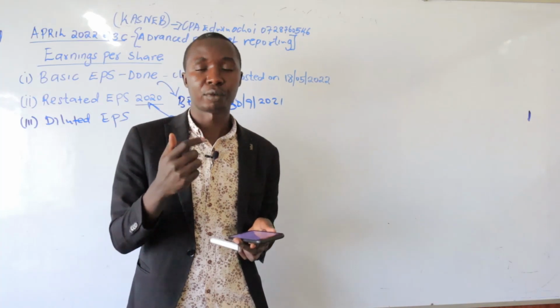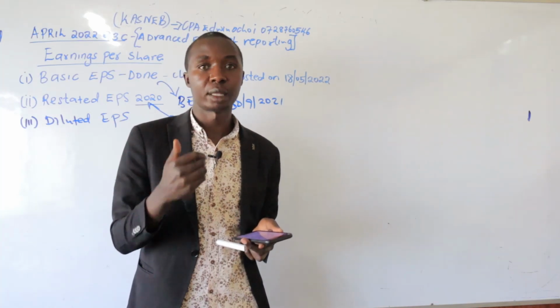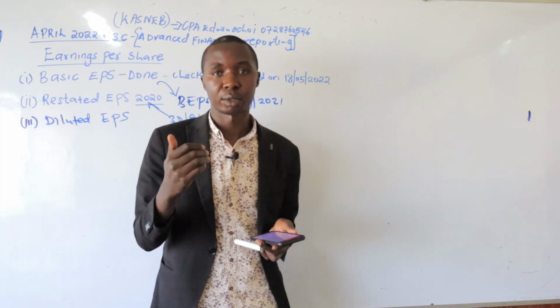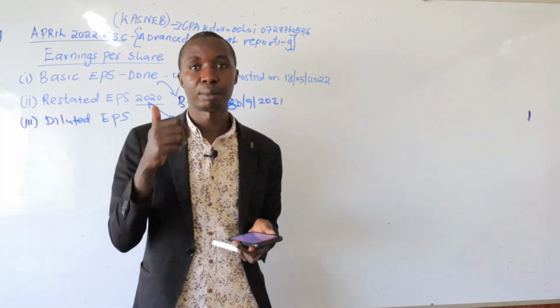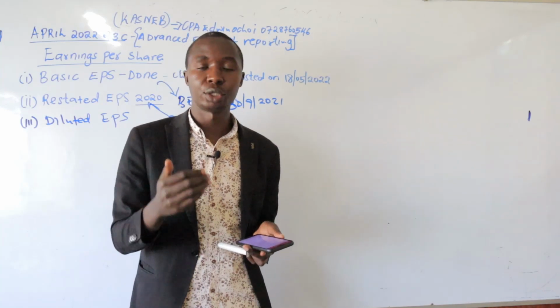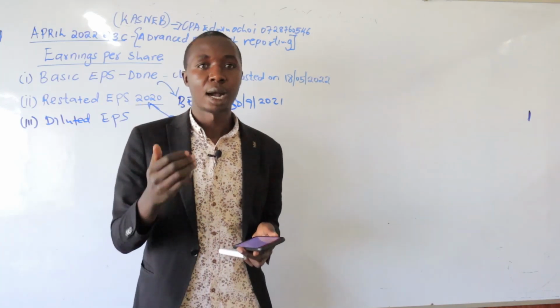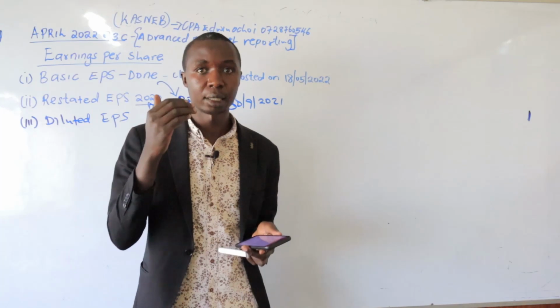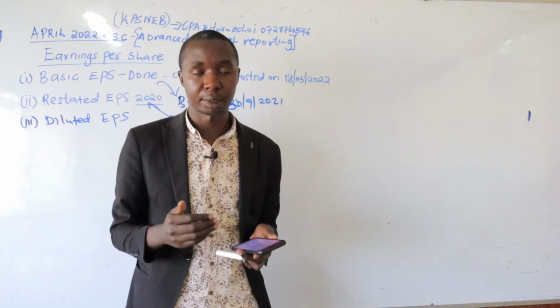So they were being given shares at the lower price of 2 shillings instead of the market price of 5. That is what we call a rights issue: shares issued to the existing shareholders at a lower price than the existing market price.